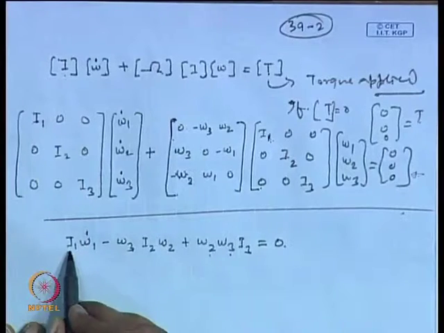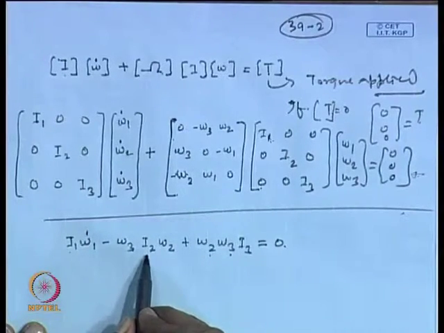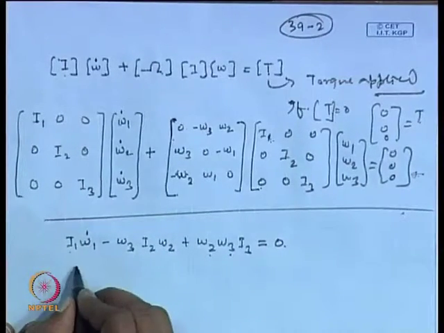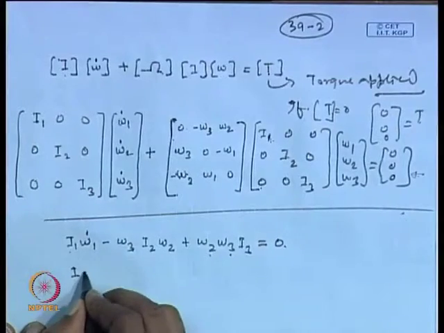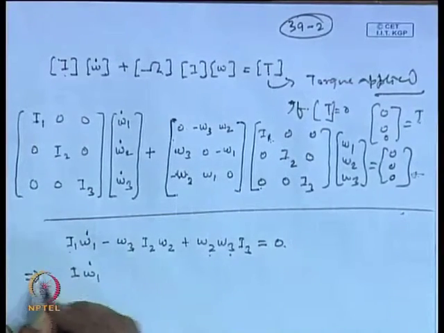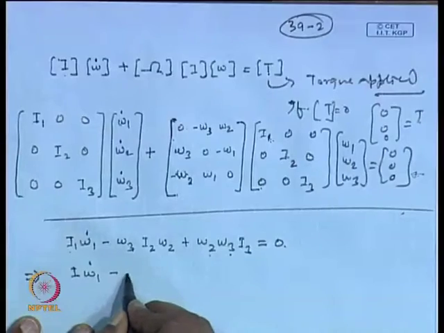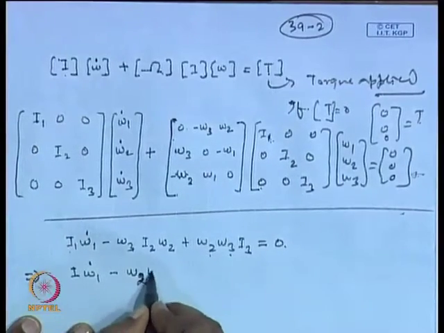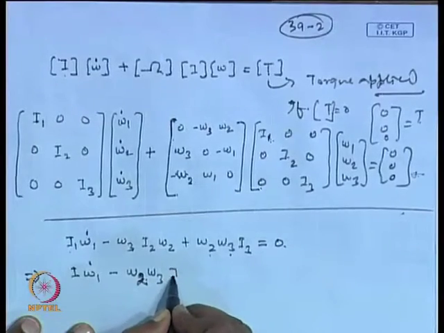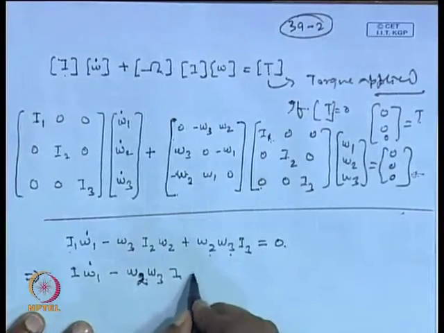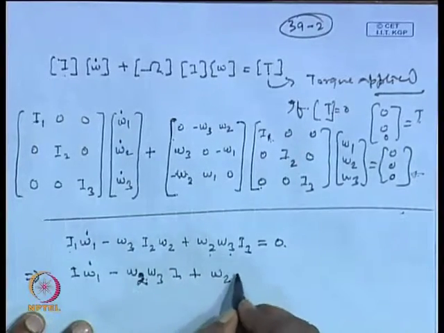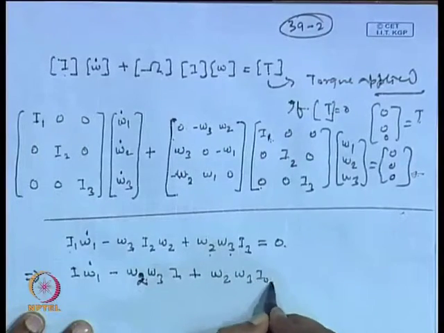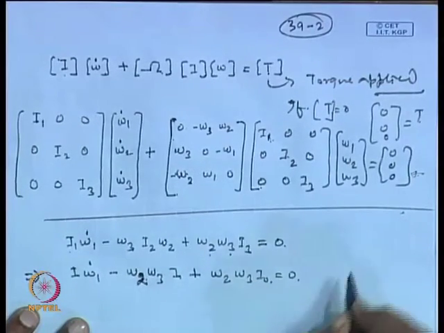So, we will put here I 1 and I 2, we are already setting it as I. So, I times omega 1 dot plus omega 2 times omega 3 times I plus omega 2 times omega 3 times I 0 equal to 0.